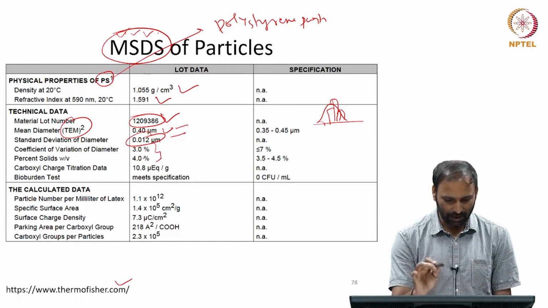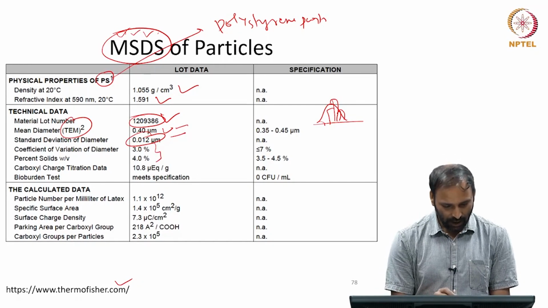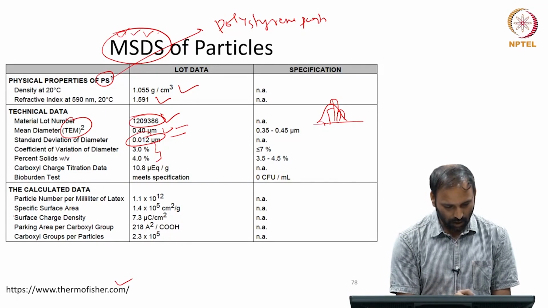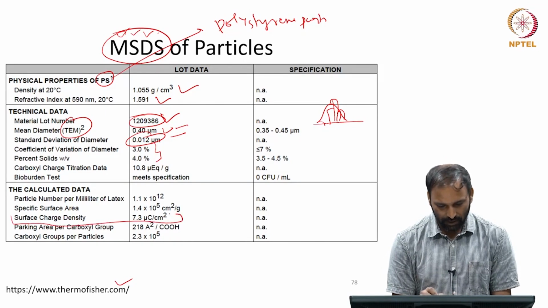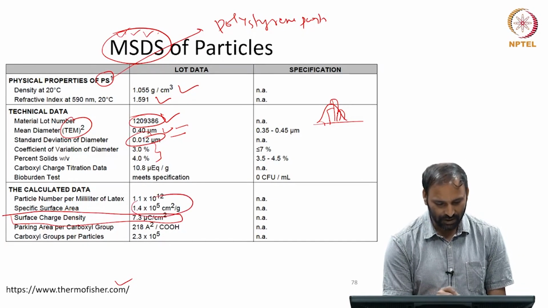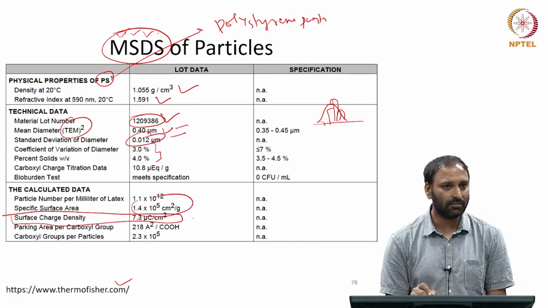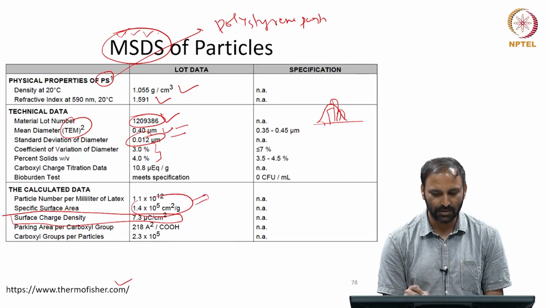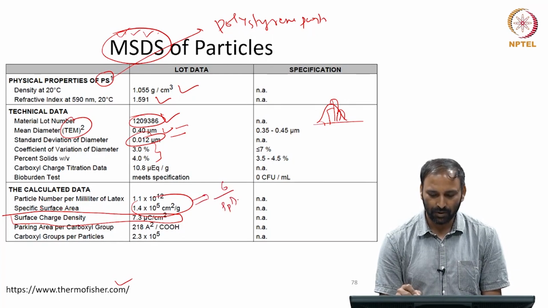There are a few other parameters you can think a little bit about. I would like to highlight this quantity. Of course, they also show the specific surface area, which for spherical particles is 6 divided by rho p into dp.